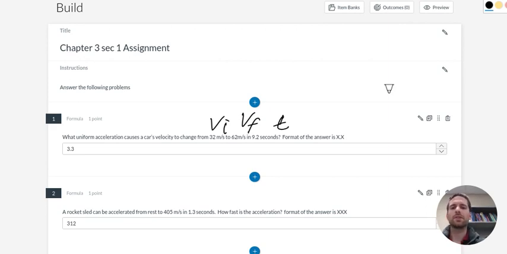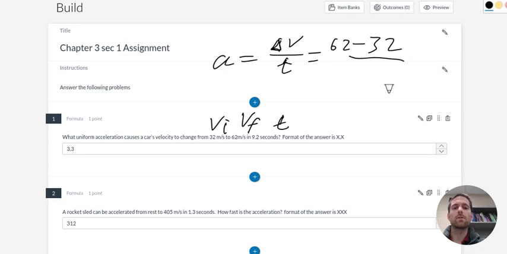And the acceleration equation is A equals the change in velocity over our time. And we can find that as we have 62 is our final minus 32 is our initial. So it's final minus initial over 9.2.